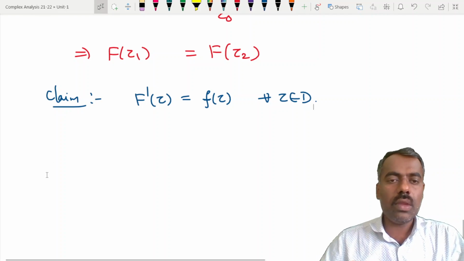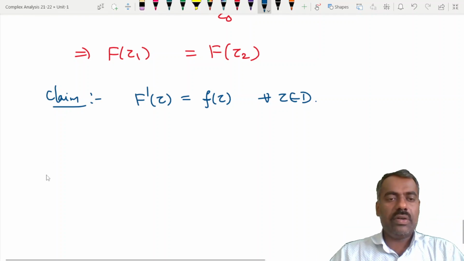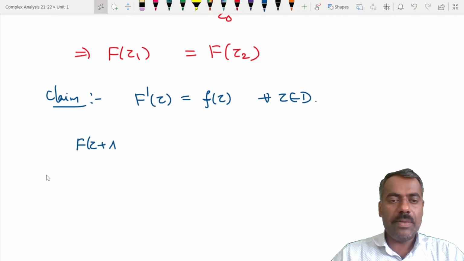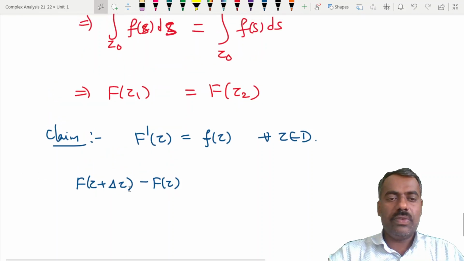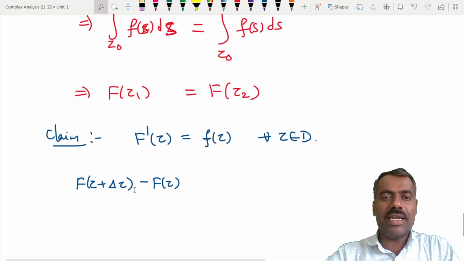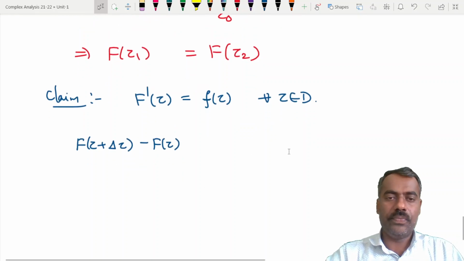Fine. So we want to find F(z plus delta z) minus F(z). We have to make sure that we select delta z in such a way that z plus delta z also lies in the domain D.